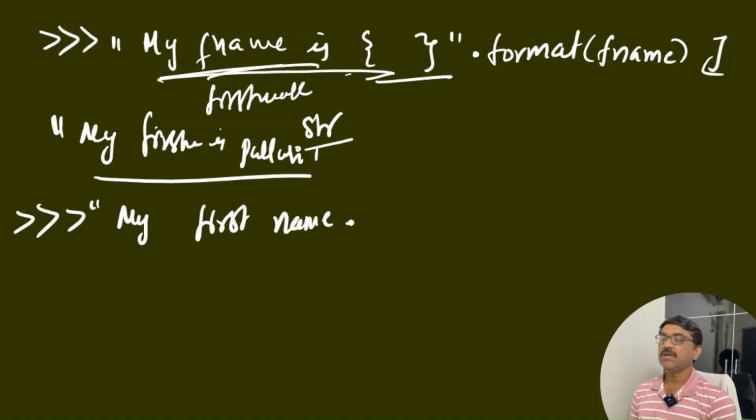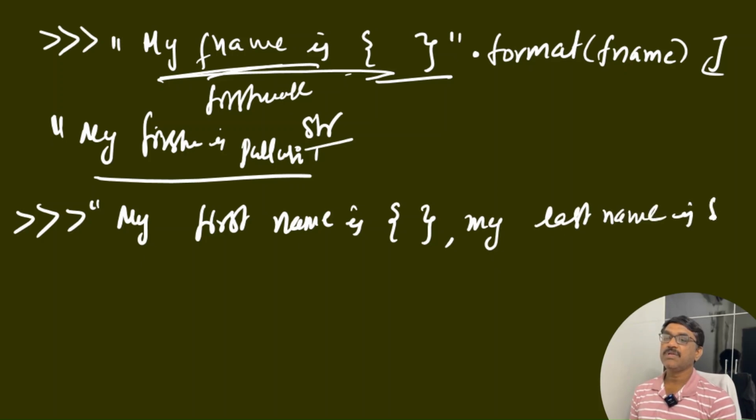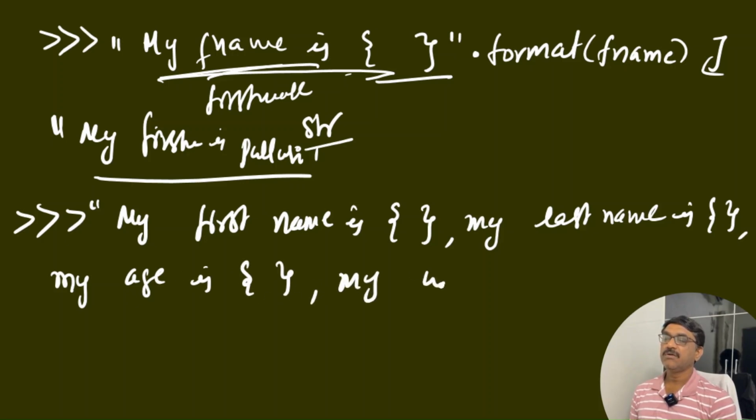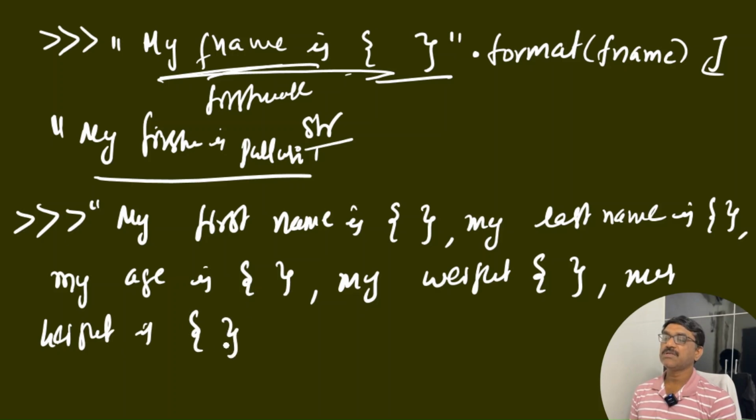My first name is, empty braces, comma, my last name is, again empty curly braces, comma, assume that my age is, empty braces, comma, you can write whatever we have written in a previous session. You write like this, the variable height is, again empty braces. Now here you write double quotes close.